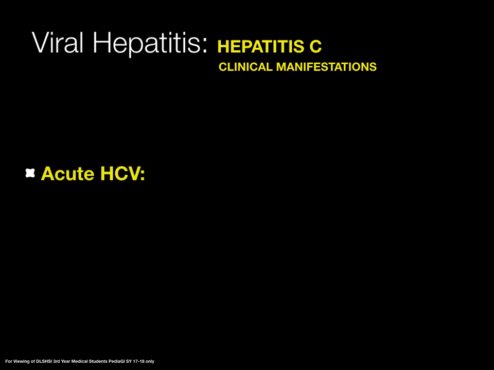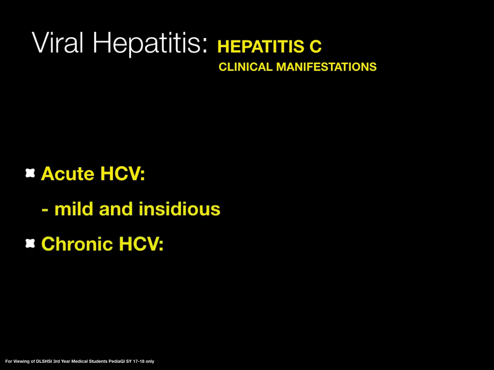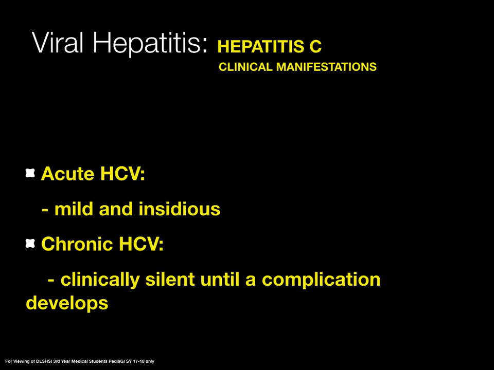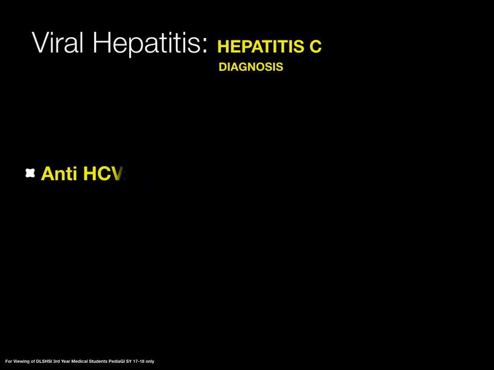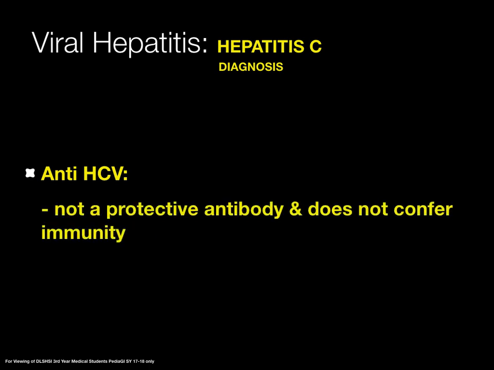Acute hepatitis C infection is mild and insidious, while chronic hepatitis C infection is clinically silent until a complication develops. Anti-HCV is not a protective antibody and does not confer immunity. HCV PCR can also be done to diagnose hepatitis C.